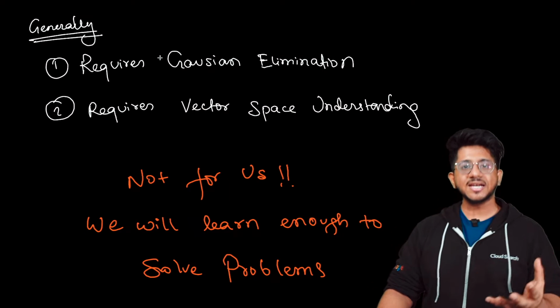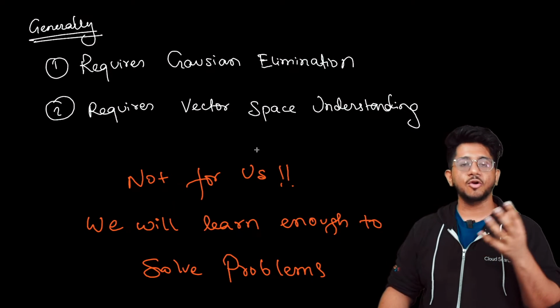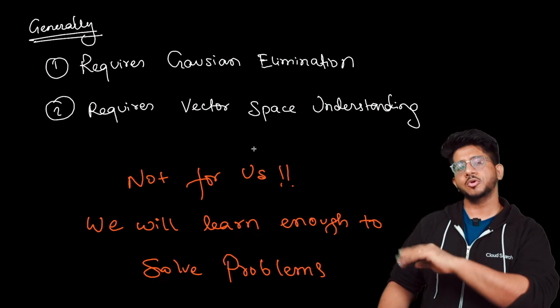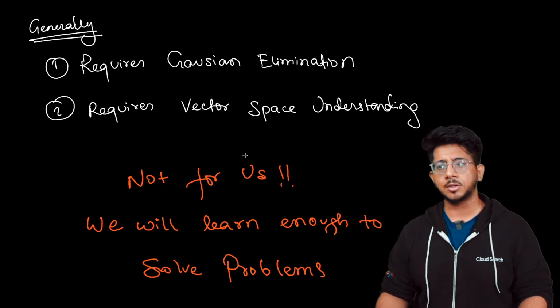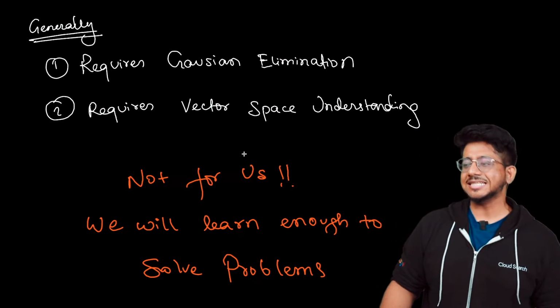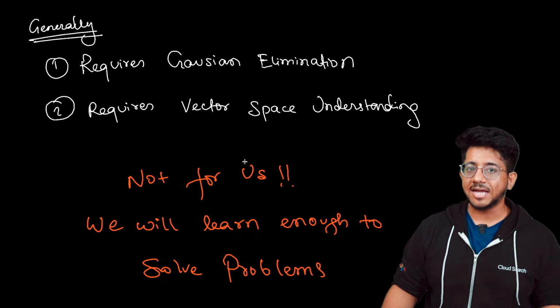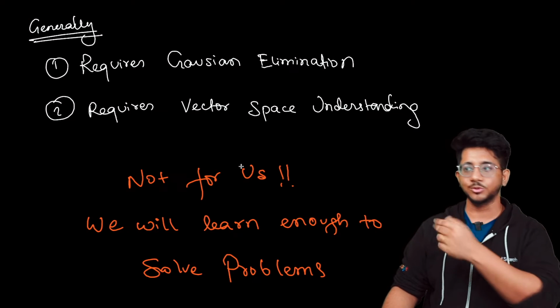So to understand XOR space, you generally need an understanding of Gaussian elimination, which we'll talk about briefly in this video, and you don't need to actually know about it. Generally you need to know about it, and you need to have some understanding of vector spaces. But since we are not all that maths savvy, I will explain it in a way that you don't even need to know these things, right?